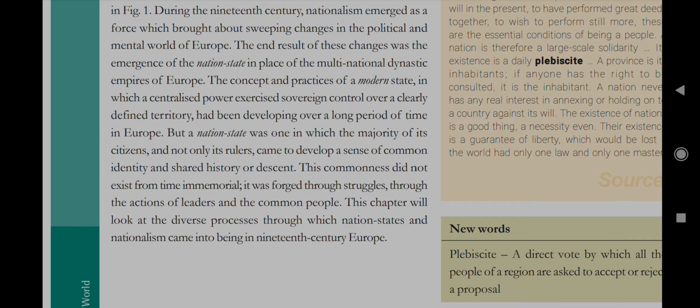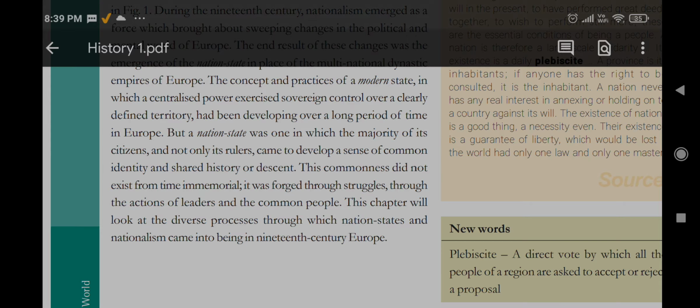So the point of the modern state is included in the nation state. There is a defined territory, a defined population. Obviously, when you have a defined territory, you have a defined population, and they have their own constitution under which they are being ruled. So there are basically: one, sense of common identity; two, shared history and struggle; three, defined territory; four, defined population; five, own constitution. So there are basically 5 points to remember about a nation state.